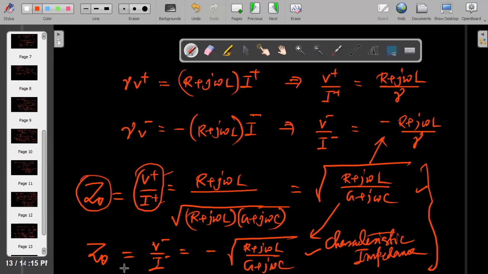And it is nothing but the negative ratio of the traveling voltage in the minus x direction to that of the traveling current in the minus x direction. And it governs the energy flow for the transmission line. Okay.